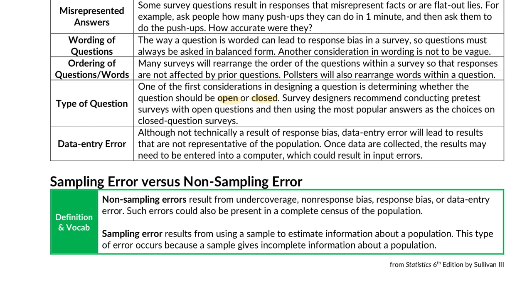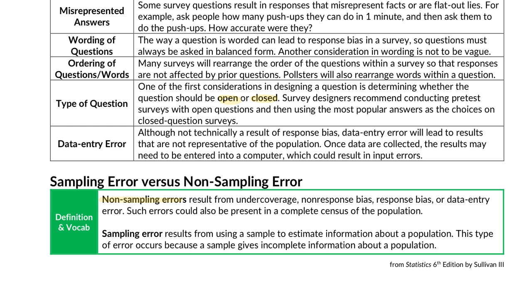Now, it seems like these last definitions are just repeating what we have, but notice the word has changed from sampling bias to sampling error. So a sampling error and a non-sampling error are errors that we get from our samples, obviously. A non-sampling error is from undercoverage, non-response bias, response bias, or data entry. So they have nothing to do with you choosing the correct group.